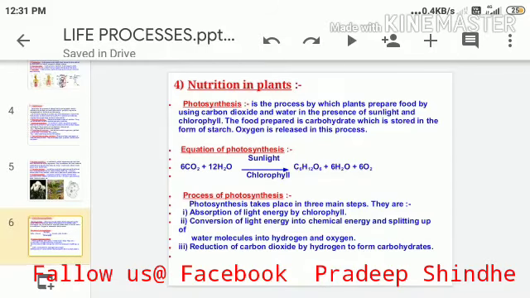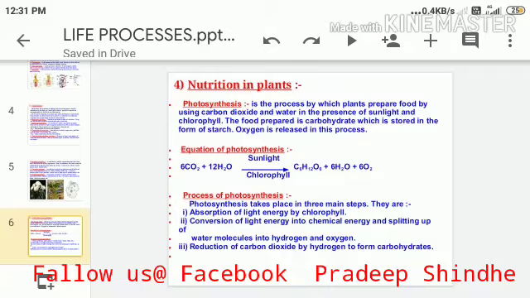Sunlight having energy is called light energy. This energy which comes from the sunlight is sufficient to undergo the chemical reaction.